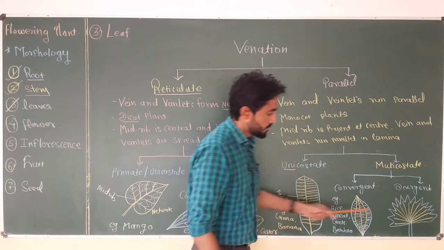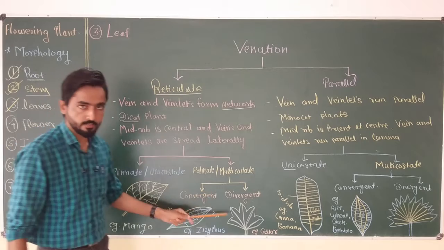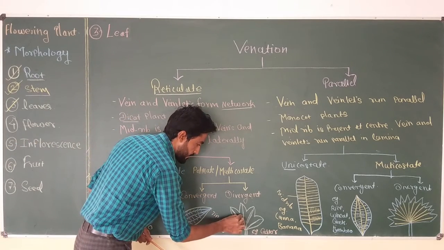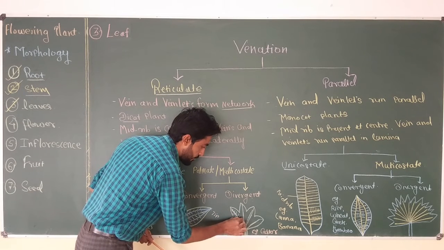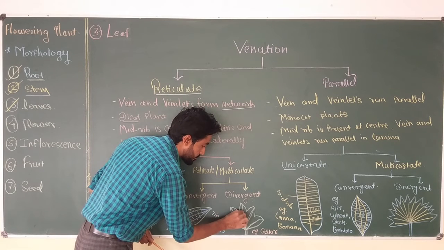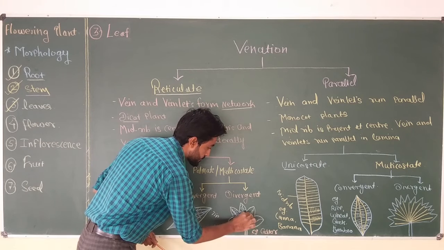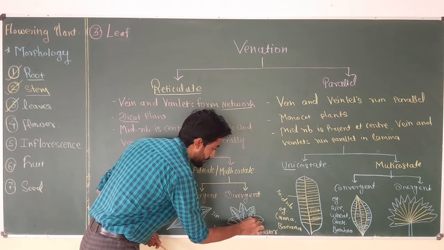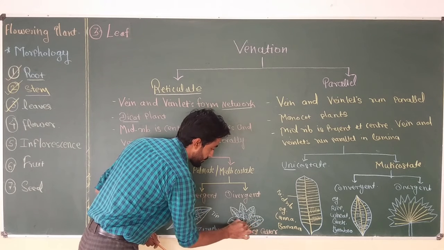Now the difference between divergent parallel and divergent reticulate is that in the reticulate case the secondary branches or veins and veinlets form a network in the leaf. So you can easily observe such a complex arrangement of the veins and veinlets in case of the reticulate divergent type.